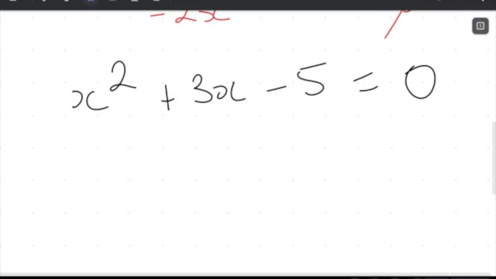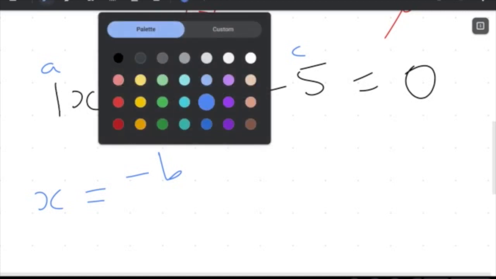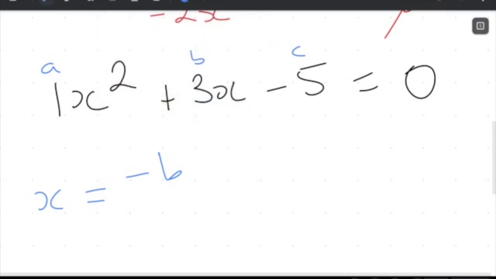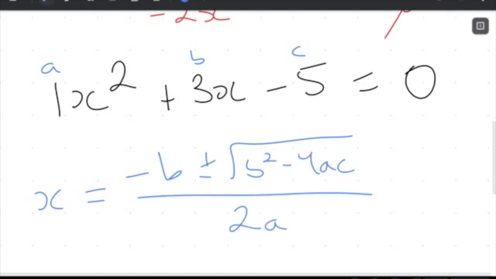So we're going to use the quadratic formula, which is that the solutions to x will be equal to negative b, remember, the a, b, and c are these values here. Now, if we just have x squared, we assume that the coefficient of that is going to be 1. So we have minus b plus or minus the square root of b squared minus 4ac all over 2a.